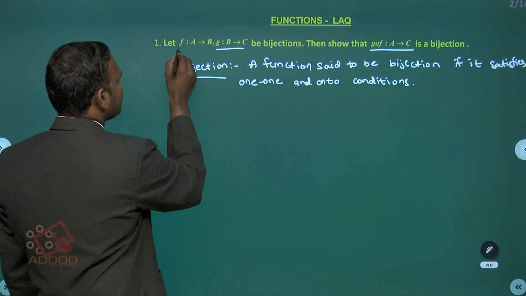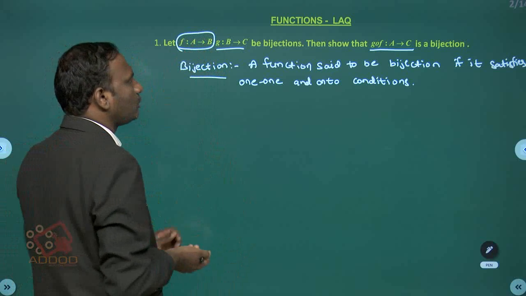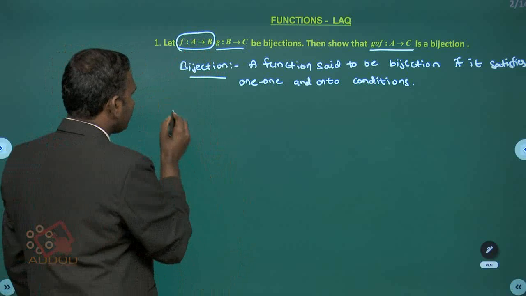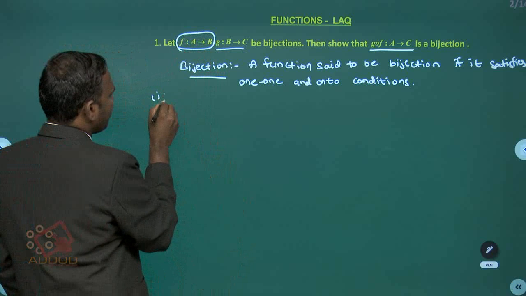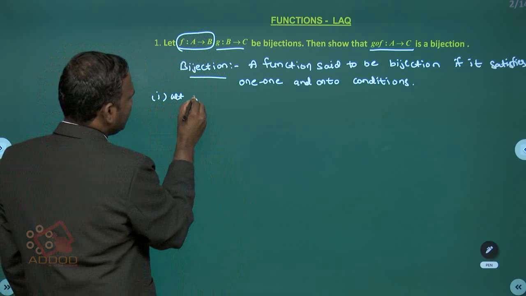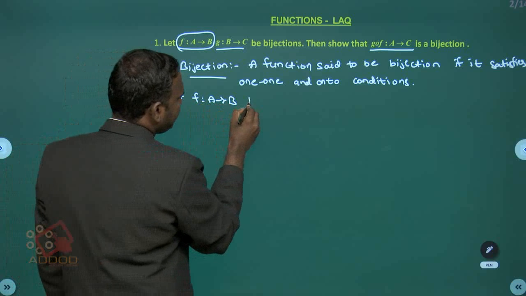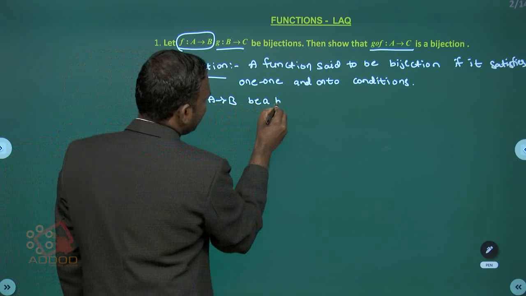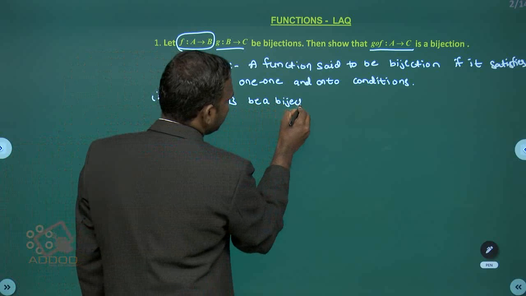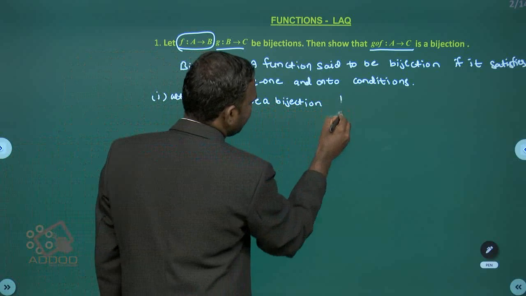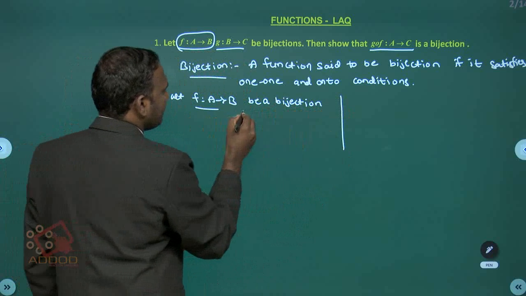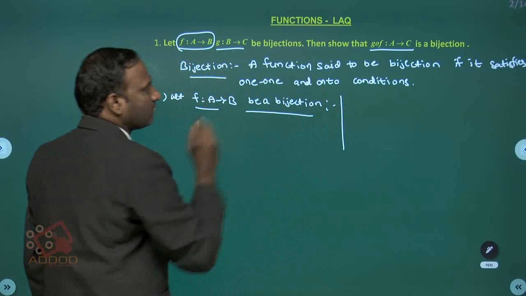So first I am taking f, a mapping from A to B, to be a bijection. Condition number 1: what is the meaning of bijection here? One-one and onto.